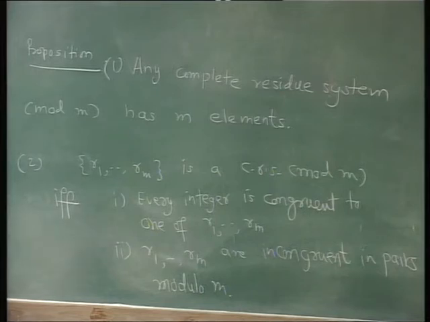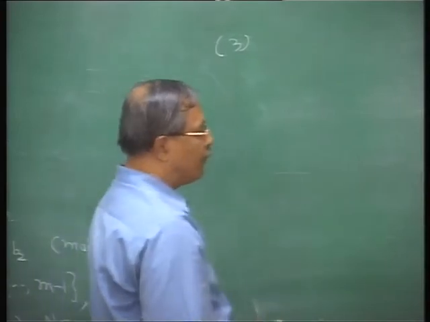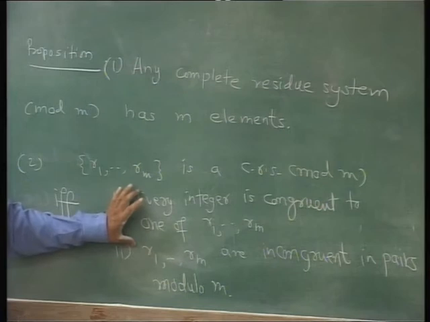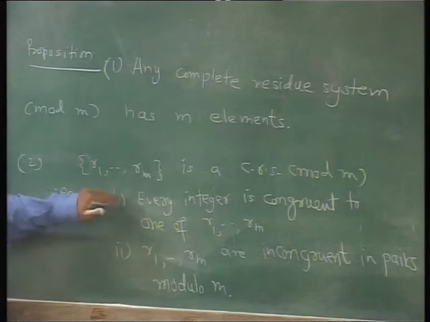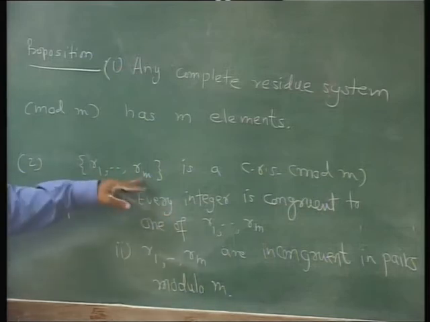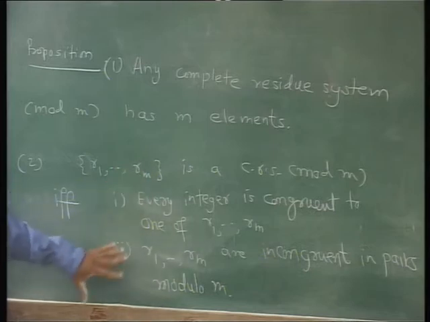Third, if you start with m numbers, then just one is sufficient, that every integer is congruent to one of them. They are m distinct numbers, but they are incongruent, that is the requirement.